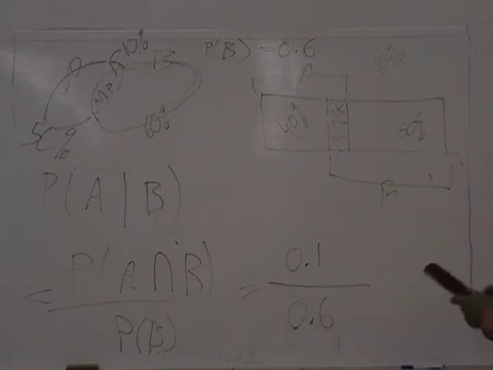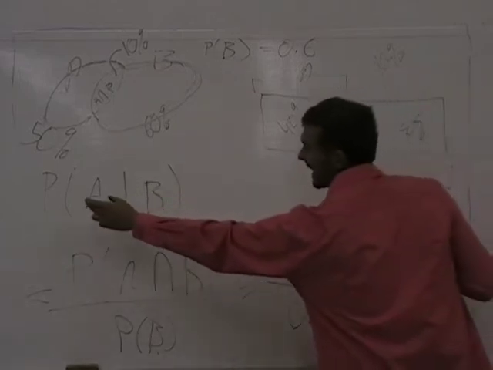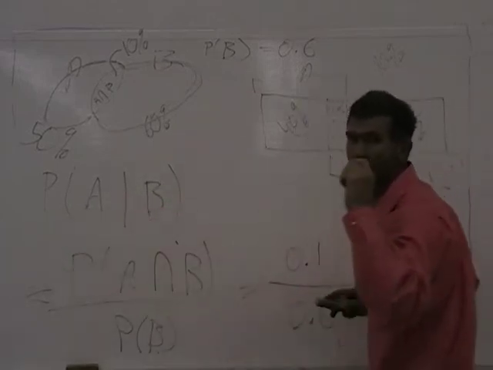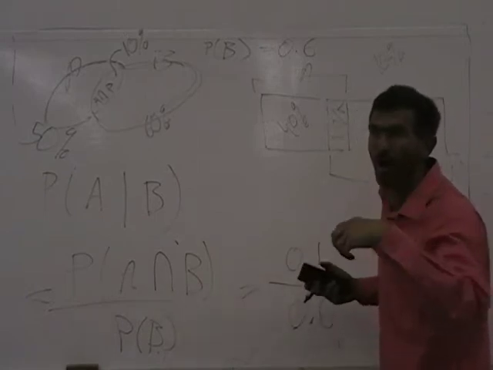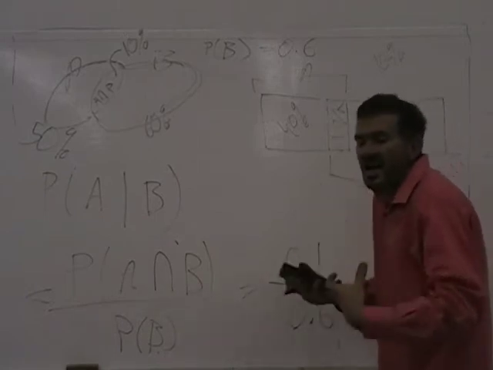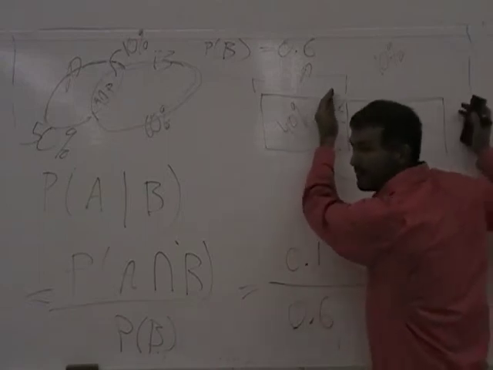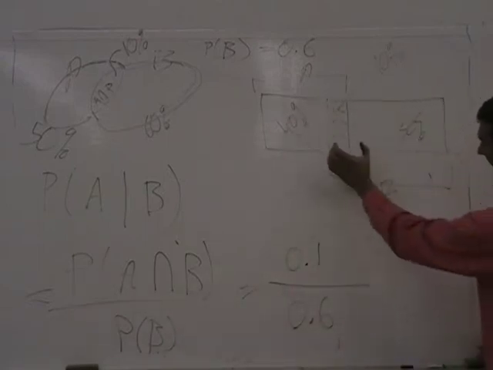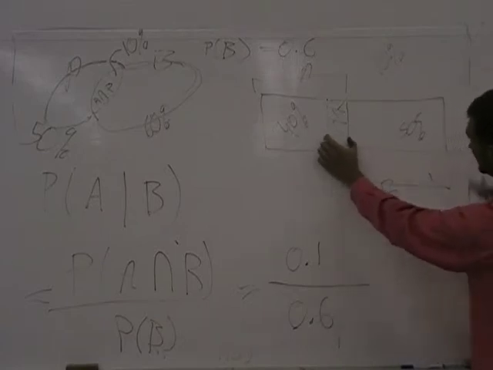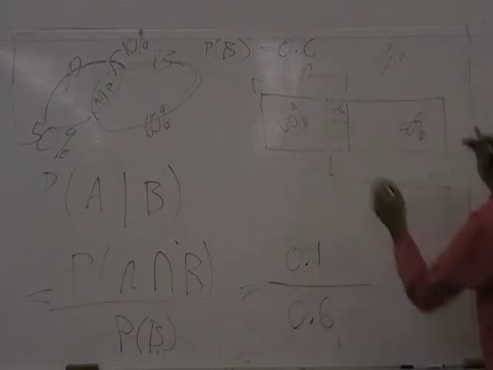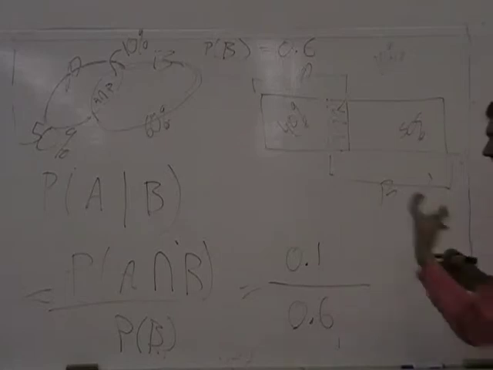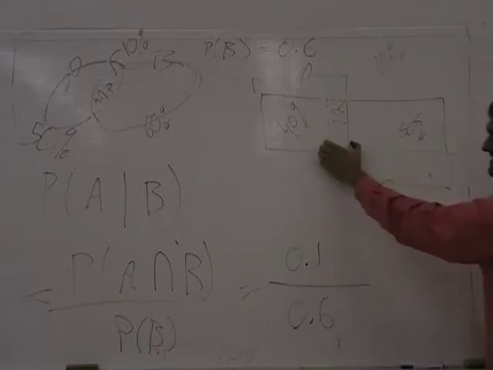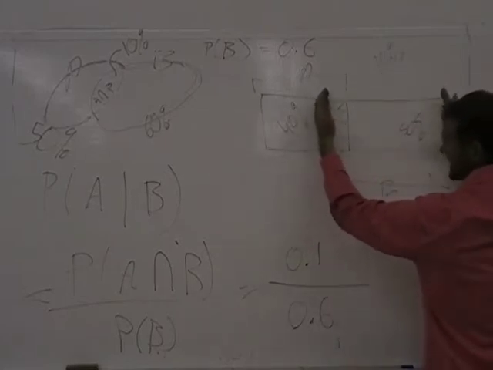And therefore the probability of A occurring within the context of B is that divided by that. It's how much of A is in this context.